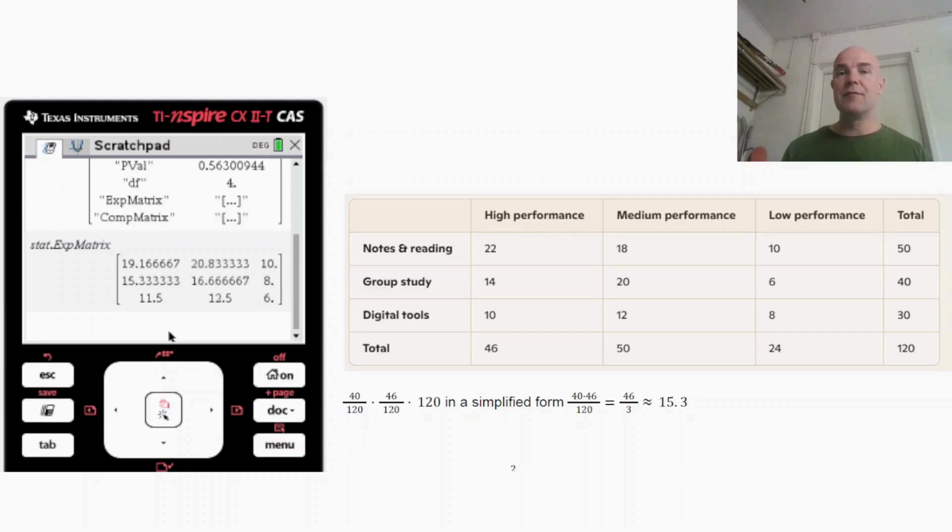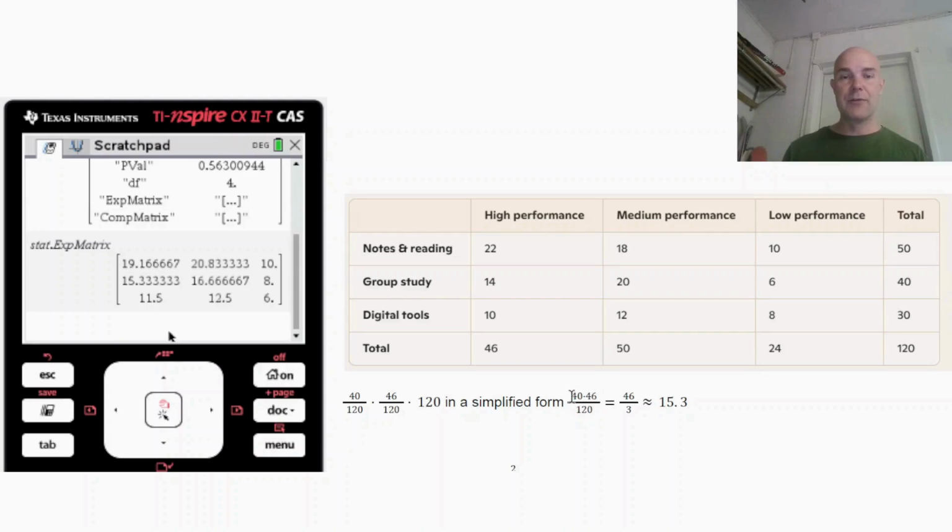And since we are finding the expected frequency, we will multiply that probability with 120. That's the total number of students in the question. Now in a book, you usually find a simplified form. The 120 number here is cancelled.